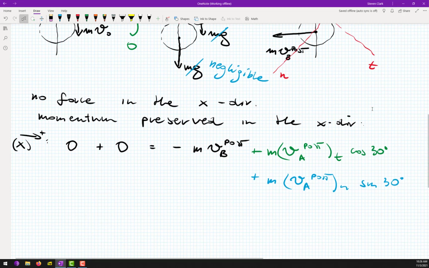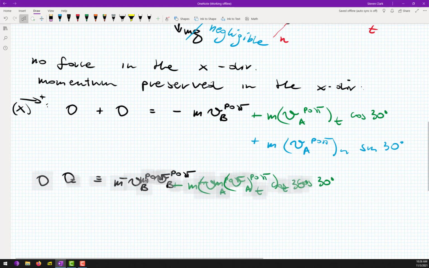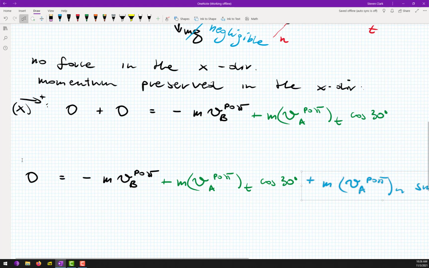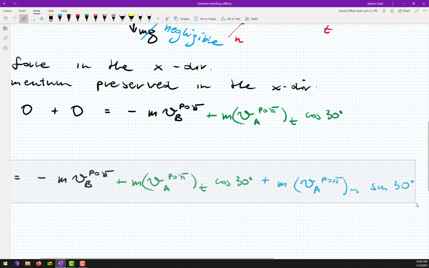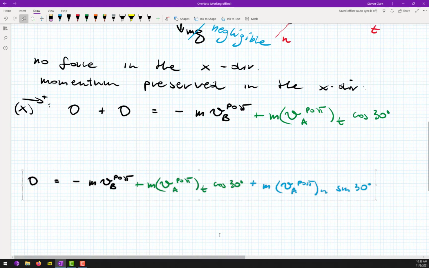Okay, so this is our first equation. So first equation, how many unknowns do we have? I'm afraid that we do have 3 unknowns. 1, 2, and 3. So we need 2 more equations.